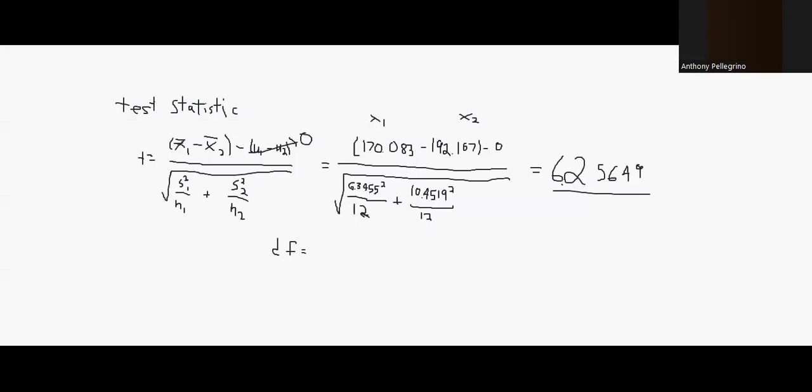Degrees of freedom is simply n minus 1, which is 12 minus 1, which equals 11. After looking at the t-distribution table, we can find out that the p equals 3.2313.